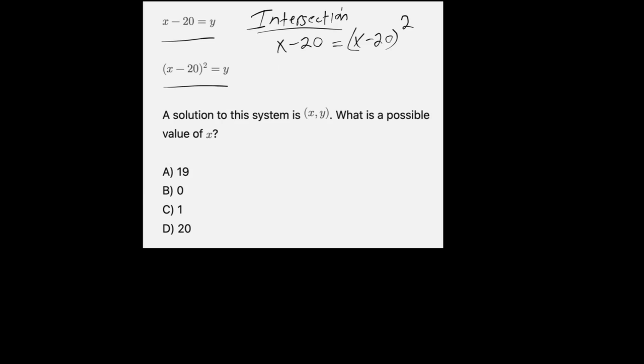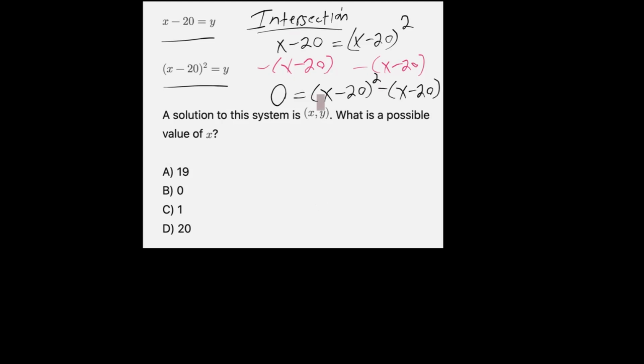And quadratics are generally solved by getting everything on one side equal to 0. So if I take away an x minus 20 from the left, it's going to leave us with 0 equals x minus 20 squared minus x minus 20.